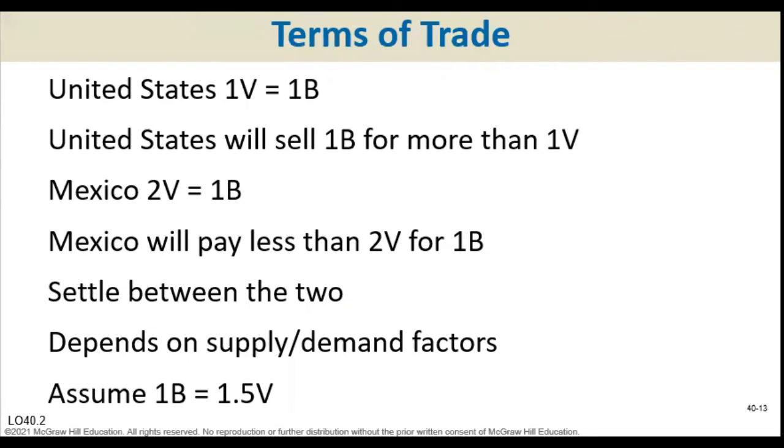And here, since the United States can produce beef for less than Mexico, it makes sense that the United States produces beef and trades with Mexico for vegetable, and Mexico has a comparative advantage in vegetable.